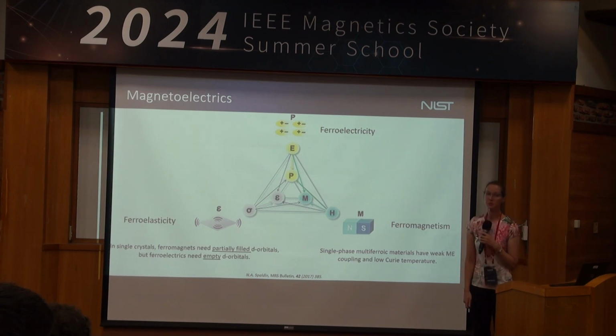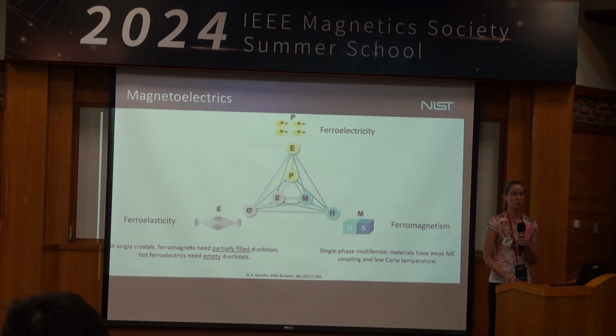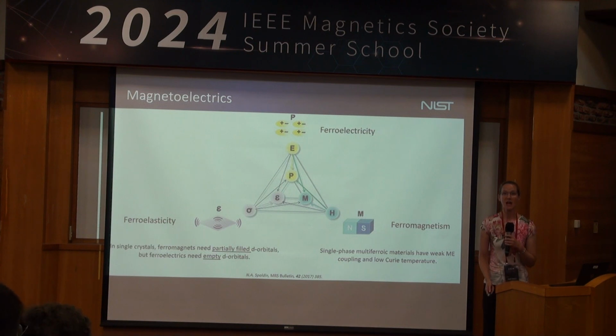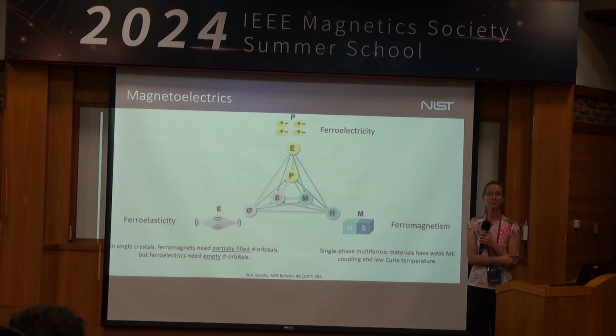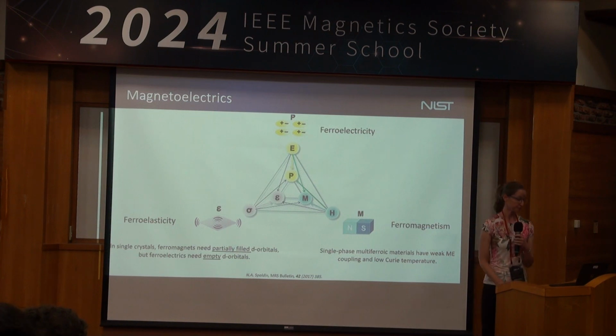The problem with most single crystal multiferroic systems is that for ferromagnetism, you want a partially filled d shell, but for ferroelectricity, you want empty d shells. So you immediately have a contradiction. The result is that for single-phase materials, you generally have a weak magnetoelectric coupling, and they also have a very low Curie temperature.